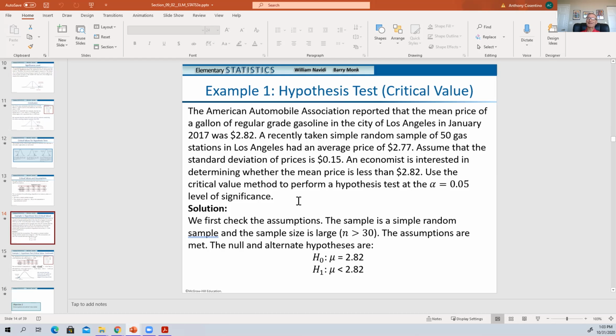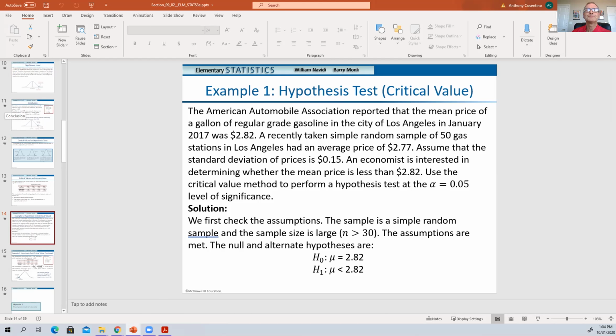Typically you don't have that, but here we always start with this. An economist is interested in determining whether the mean price is less than $2.82. So we have equals for the null and the alternative is less than. We could do this calculation with regards to that. So this is going to be a left tail test.